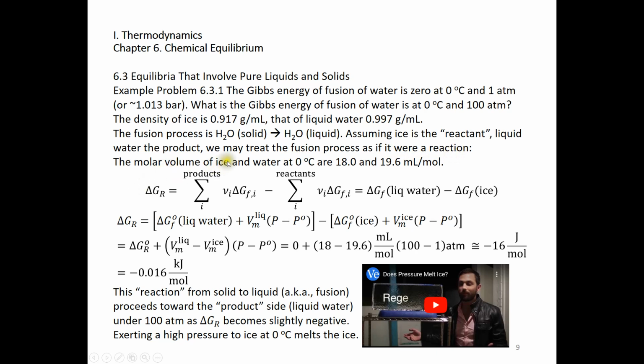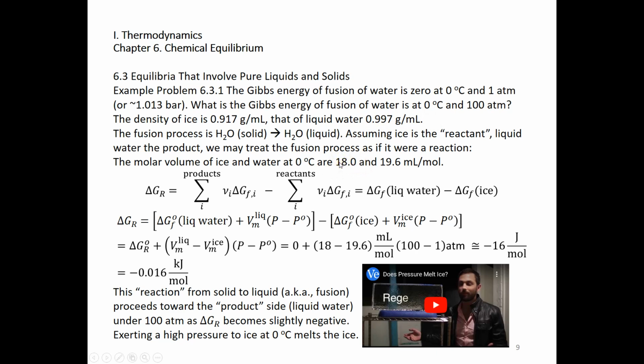The molar volumes of ice and water are 19.6 and 18 milliliter per mole, given these density values. 18 grams per mole divided by this density, we get 19.6, and 18 grams per mole divided by this density, we get 18.0 milliliter per mole.